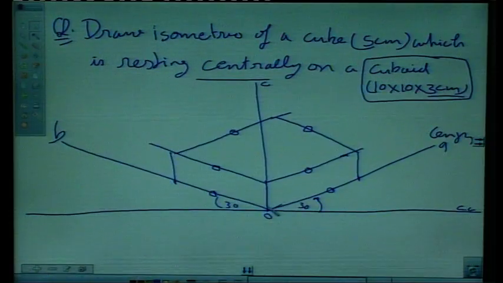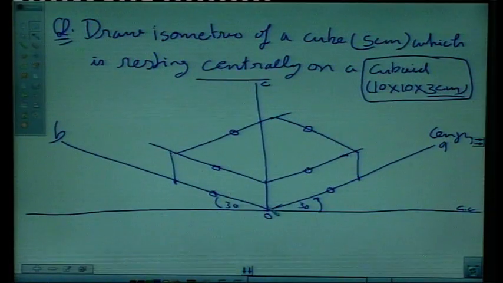So we have drawn a cuboid by drawing parallel lines quickly. All lines are inclined at 30 degrees in the right direction or 30 degrees in the left direction, or perpendicular vertical lines, right?